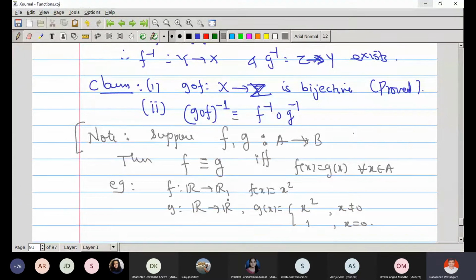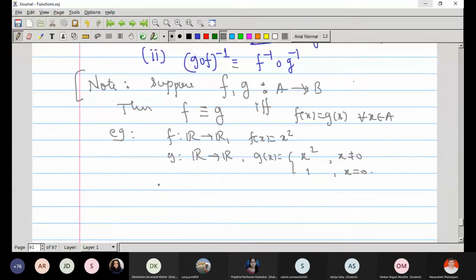Are these two functions equal? What is the first function f? Graph. And what is the second function? g. g is also x squared except at x equal to 0. At x equal to 0, the value of the function is 1. Are these two functions the same?